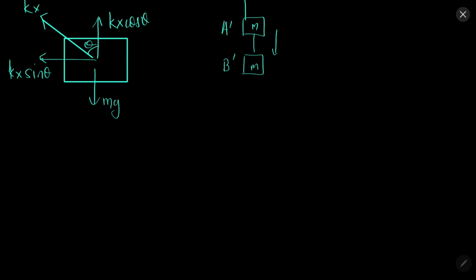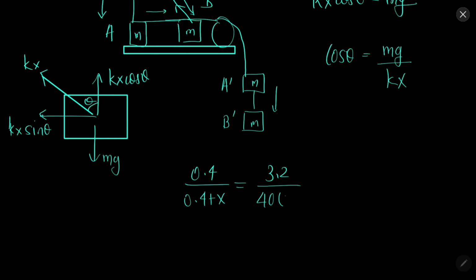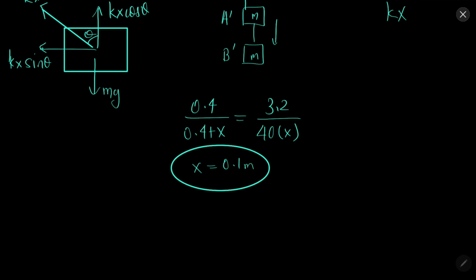So ultimately cos theta will be equal to mg over kx. So 0.4 over (0.4 plus x) equal to 3.2 over 40 into x. So from this x will be equal to 0.1 meters.